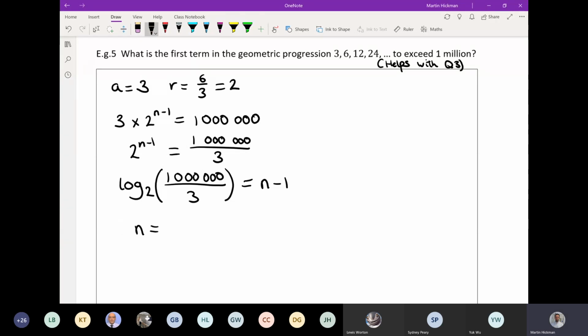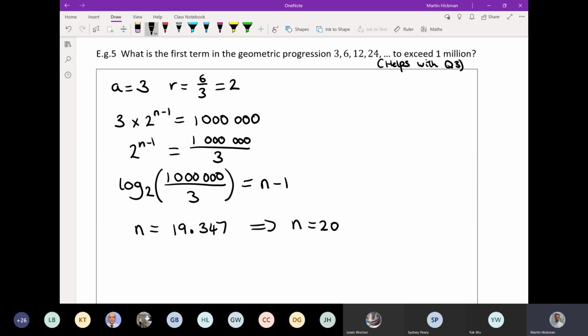So we get that, and then we're going to add 1 on so we can find n. So we get 19.347. Now that would give you exactly 1 million, but we can't. We're just talking about number of terms in the sequence, so we know n has to be an integer here. So we're just going to simply round this up to 20.